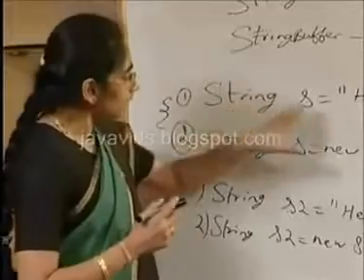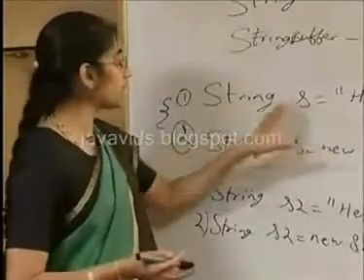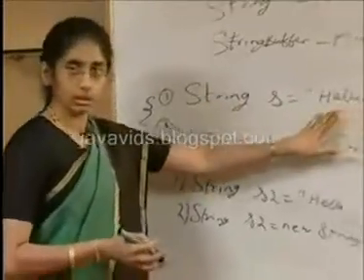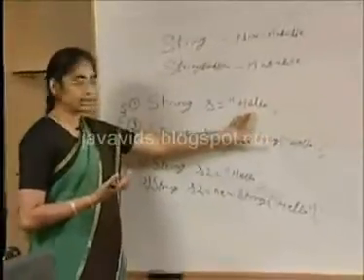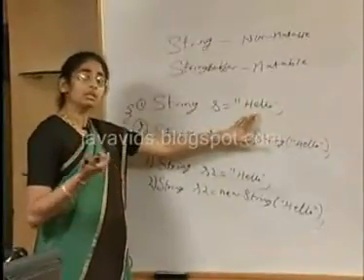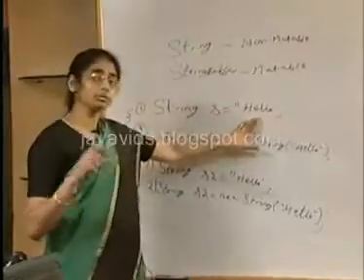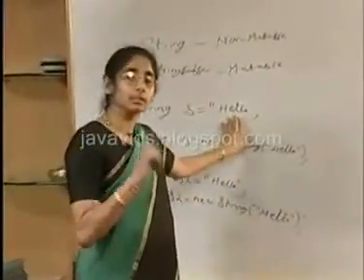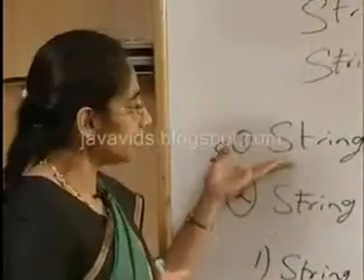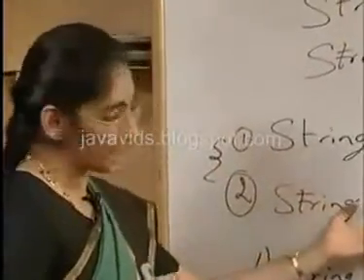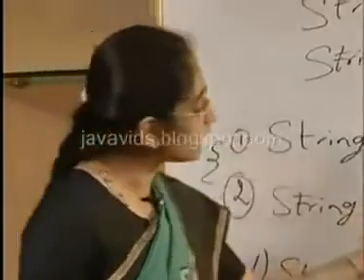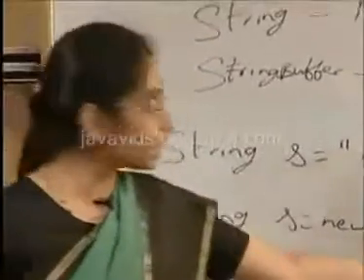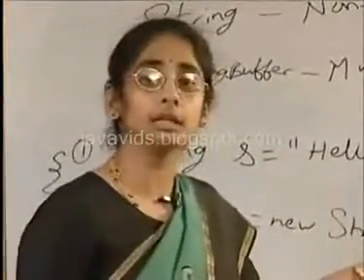In case of the first method, where you are saying String s is equal to "hello", this particular string memory allocation would be done in a free pool of memory, that is in the method area. Whereas in case of the second method, since you are saying new String, the memory allocation for the string is made on the heap area.